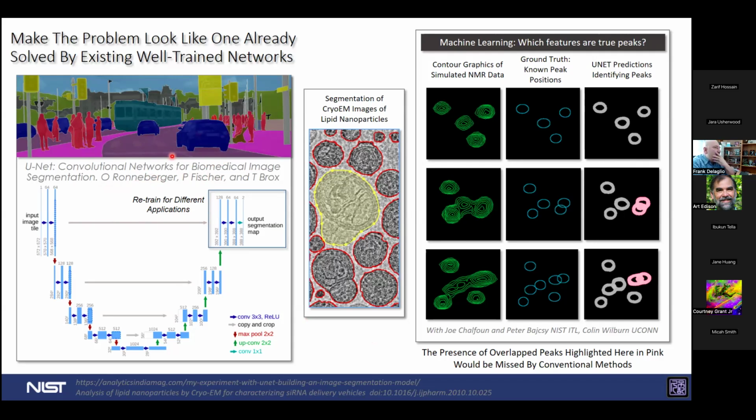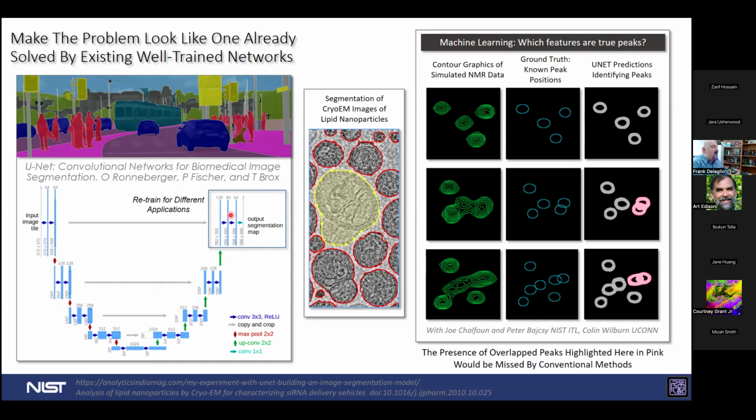This is such an important and widely used problem that there are many existing neural network schemes that have been designed and highly optimized with millions of pictures of dogs and cats. So we can take a network like this one that's already been trained on large numbers of images and just retrain a small part of it to do a particular kind of recognition.